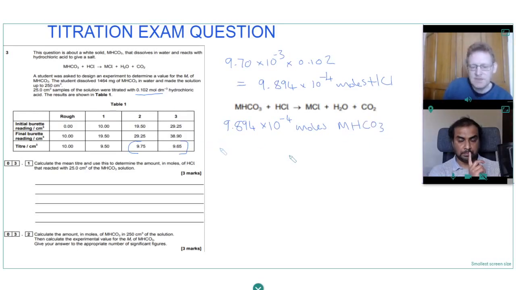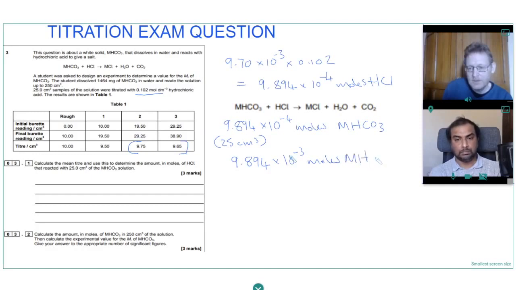But that was in a 25 centimeter cubed sample. So in the original solution, we had 250 centimeters cubed. And so we'd have 10 times as much, which would be 9.894 times 10 to the minus 3 moles in 250 centimeters cubed, basically times by 10.